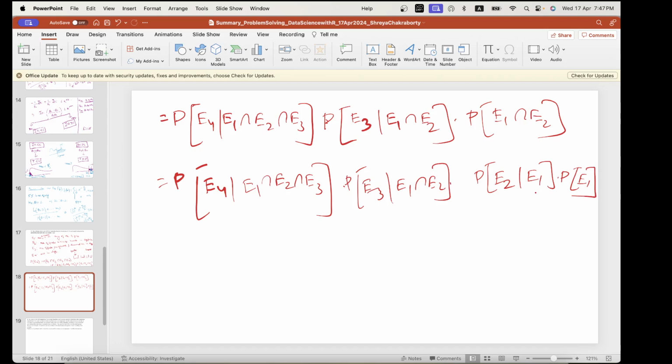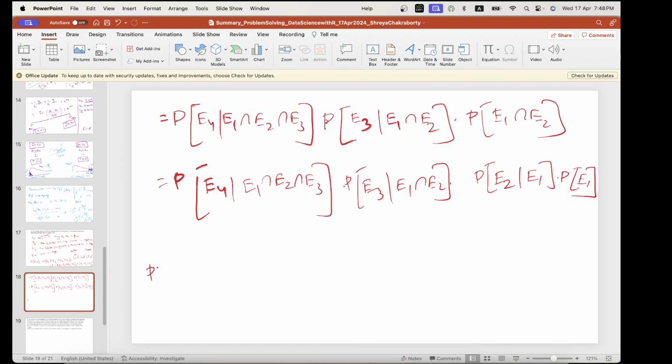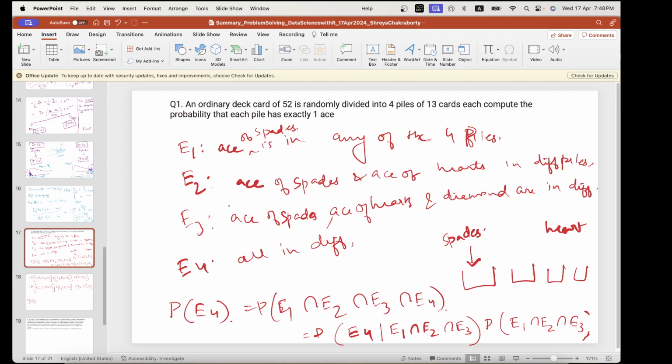Okay. Now probability of E1 is what? Ace of spades is in any of the four piles. So this probability is actually 1, because it is supposed to be in any of the four piles.